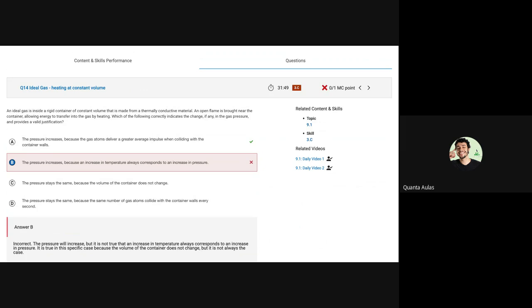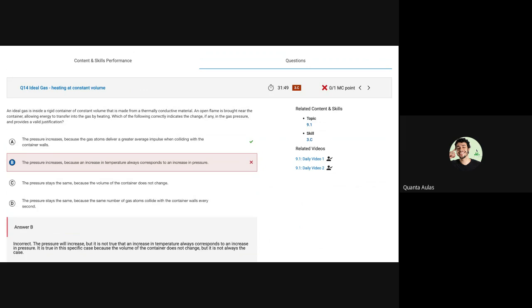Do you understand? So this is only a microscopic vision of the situation, right? Pressure is the force with which the particles hit the walls of your system.